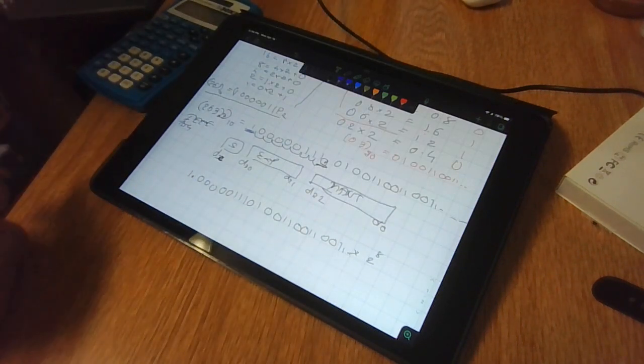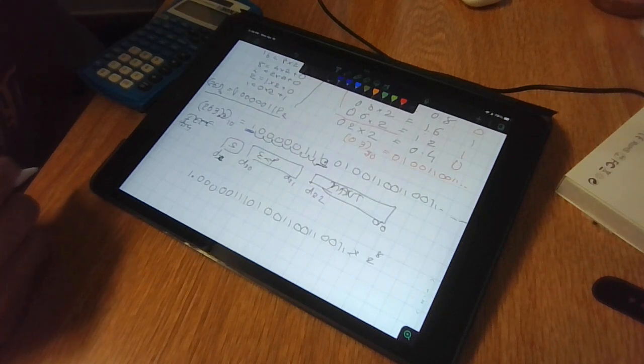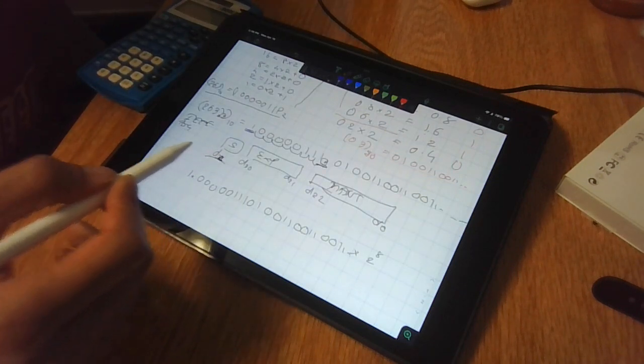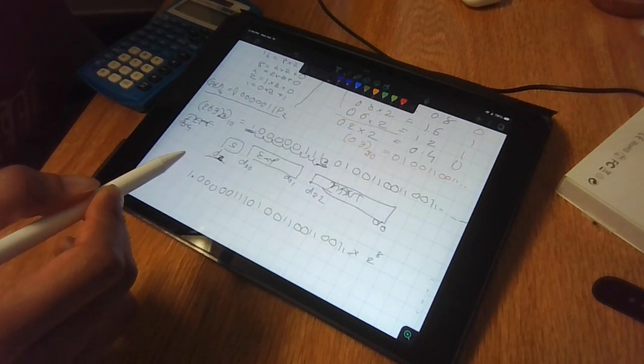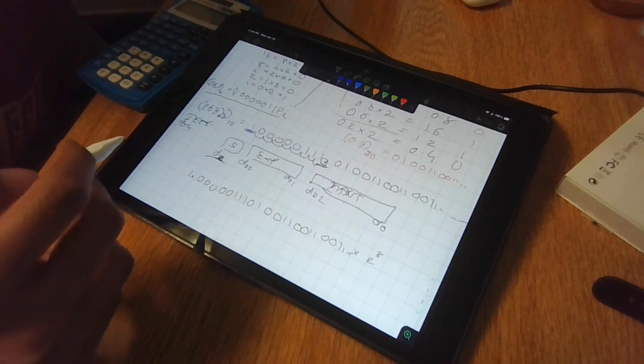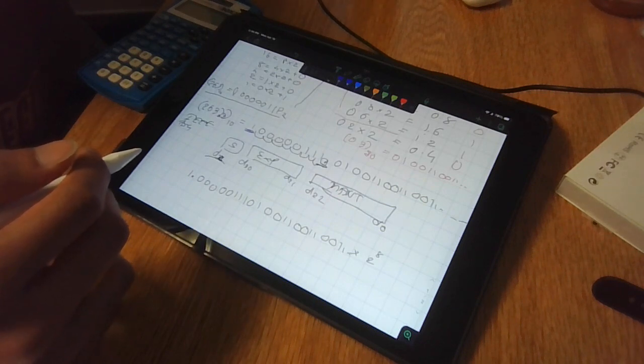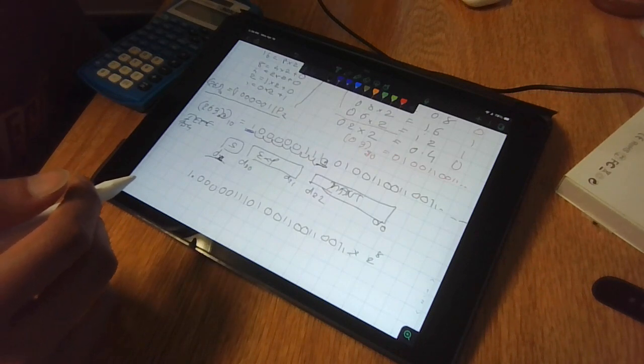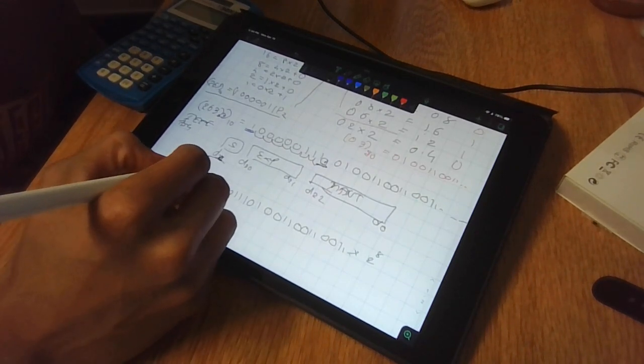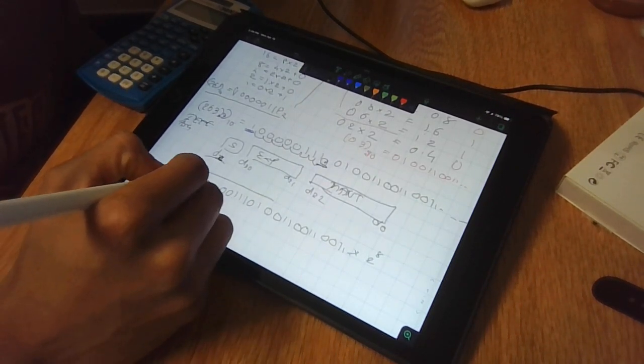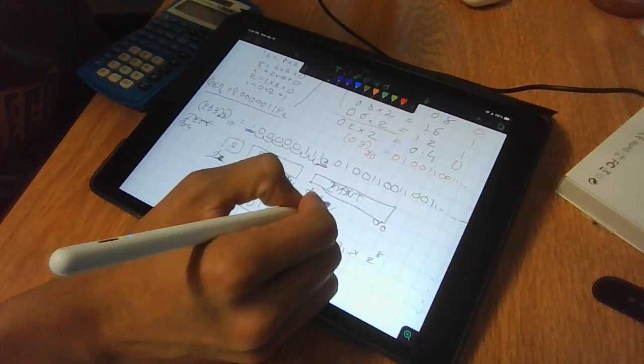So what do I do from here? This is the sign bit. So now all I know is this part right here is this part.